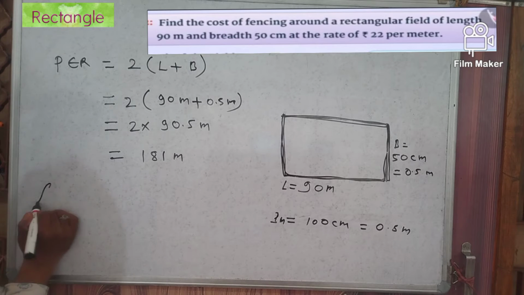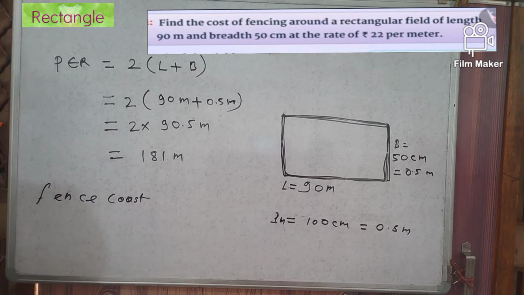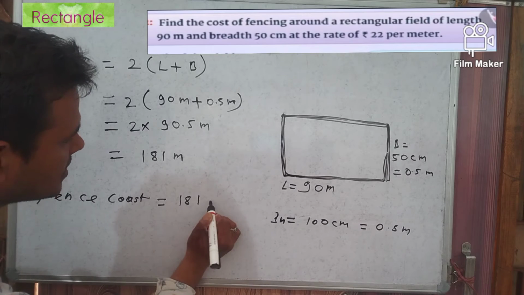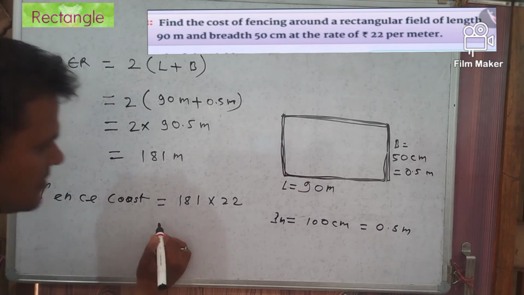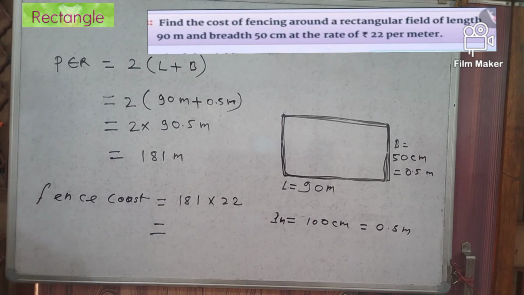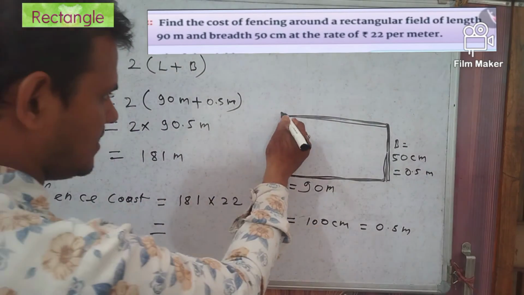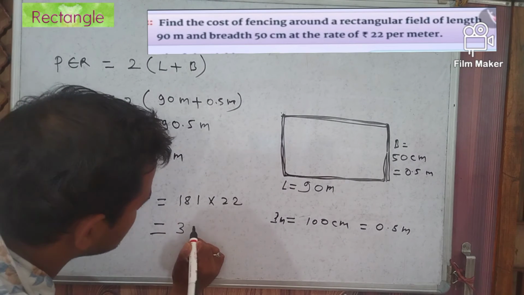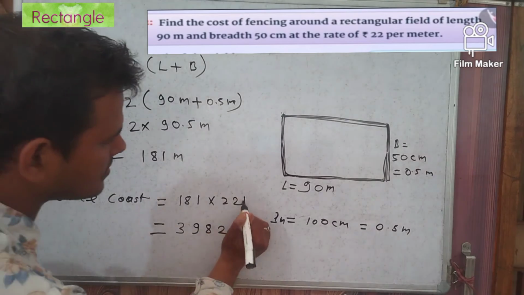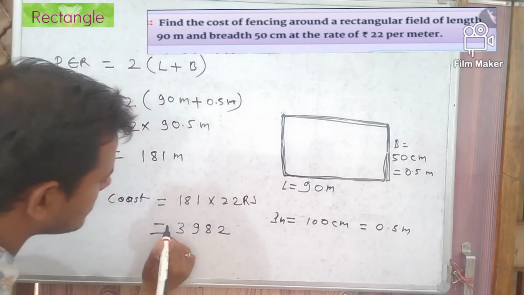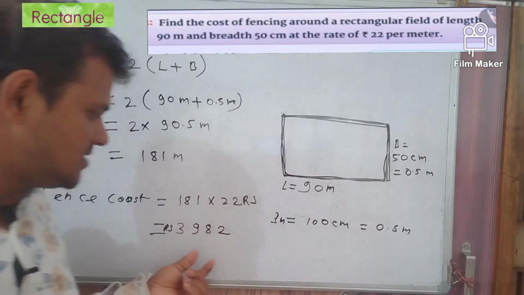So here fence cost is equal to 181 into 22. After multiplying, the total cost of fence around the rectangle is 3,982. This is given in Rs. So Rs 3,982 is the answer of this question.